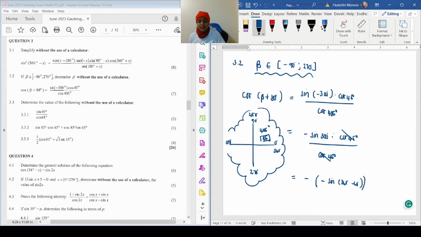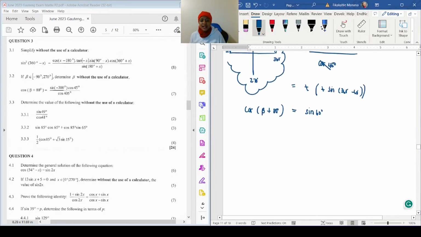That is what will give us 300. And the negatives cancel, so I'm left with sine 60. Let's just remind ourselves. We have cos of beta plus 80, not 180, it's just 80. And we have sine 60, so you can change sine 60 and make it cos 30 because they are complementary.